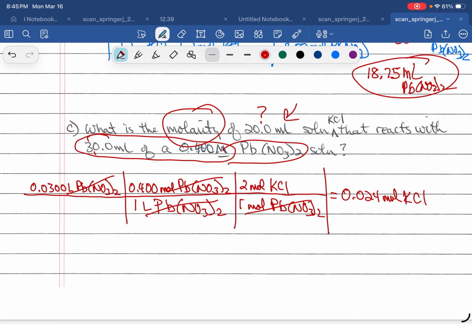Now I've got to turn that 20 milliliters into liters. So let's start a new problem here. 0.024 moles KCl, I'm just going to divide it by 20 milliliters, which would be 0.0200 liters. And I'm getting 1.20 molar KCl solution.